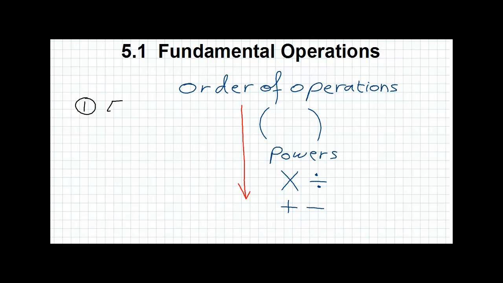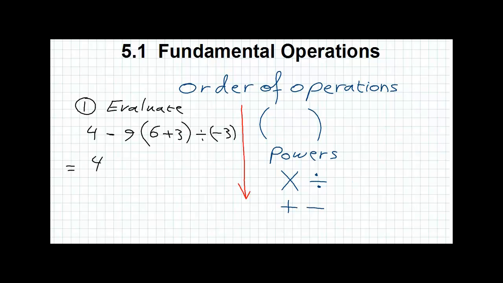Example 1: evaluate 4 minus 9 multiplied by (6 plus 3) inside parentheses, divided by negative 3. To evaluate this expression, we should first do what is inside the parentheses. So 6 plus 3, what is inside parentheses, can be written as 9.